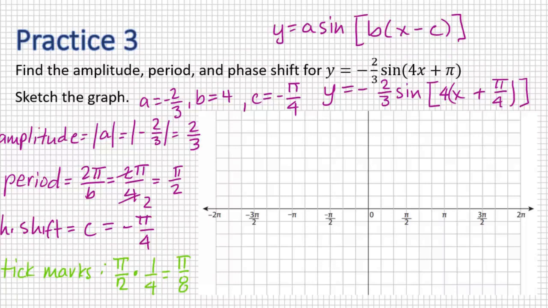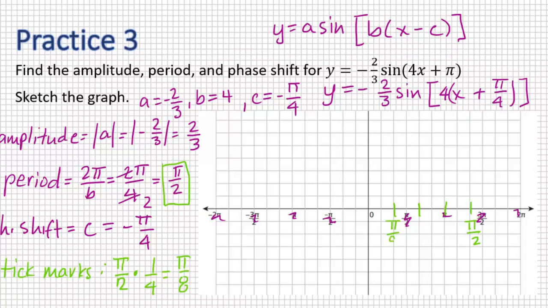Again, the tick marks here don't match well, so I'm not going to use the values that are given, and we'll indicate our own. So we know it will take from 0 to pi over 2 to get through one cycle of our function. Even if it's shifted, this is still true. So I'll label the fourth tick mark as pi over 2, and then we'll move in steps of pi over 8 to get there. 4 times pi over 8 should get us to the end of our period, pi over 2.